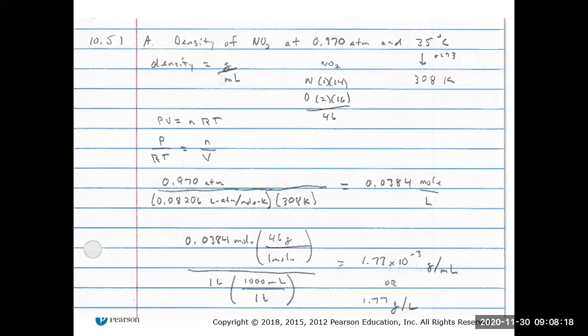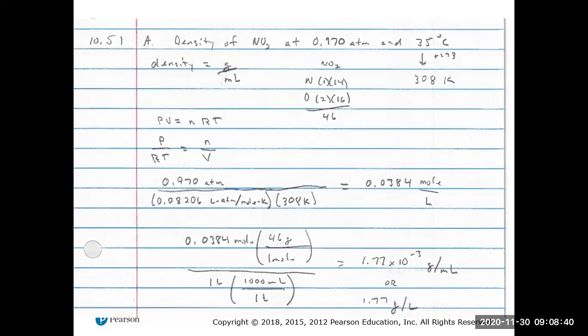We needed to remember that density is typically referred to as grams per mL. It can be grams per liter also. But the key thing to do is remember density is weight per volume.